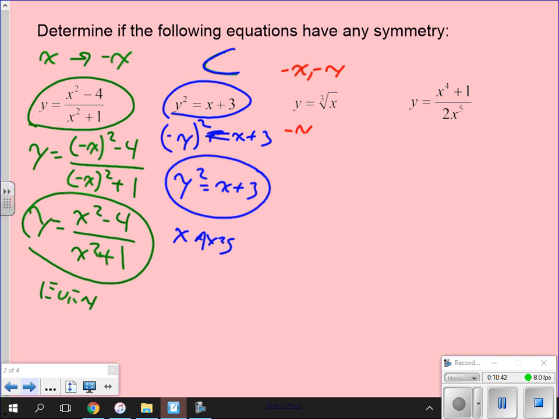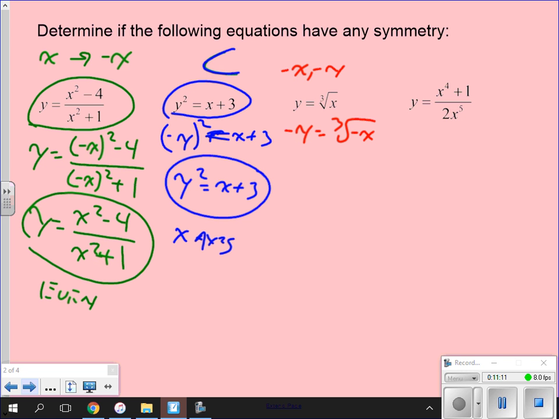So I have negative y equals the cube root of negative x. The cube root of negative x, I can pull something out of that, because I can simplify cube roots just like I can simplify square roots, right? You want to simplify a square root, what do you do? You get a perfect square and whatever's left over, and then you take the square root of that perfect square.